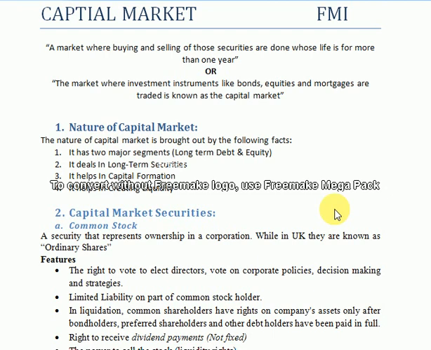Look at, dear students, capital markets are the markets or venues where savings and investments are channelized, transferred between the suppliers who have capitals. Supplier means savers here, who have capitals, and those who are in need of those capitals.